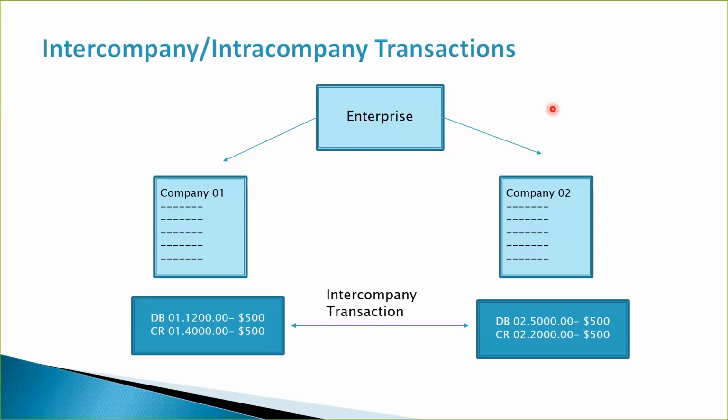Okay, the company is dealing with external entities, but at some point maybe there might be a requirement to conduct transactions with other components that fall under the same corporate entity. So that is what we call an intercompany transaction. And that is what I have tried to represent on this slide. So these two companies fall under the same enterprise, and when they enter into a transaction, then we call that transaction an intercompany transaction.